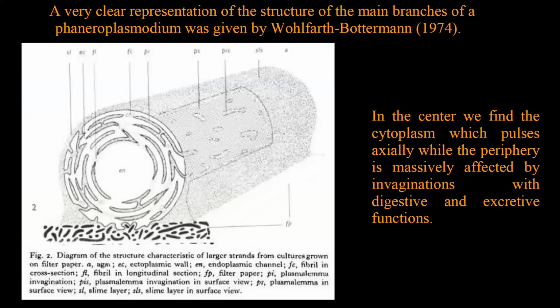A very clear presentation of the structure of the main branches of the phaneroplasmodium was given by Wolfgang Bettermann. In the center, we find the cytoplasm which pulses axially, while the periphery is massively affected by invaginations with digestive and excretive function.